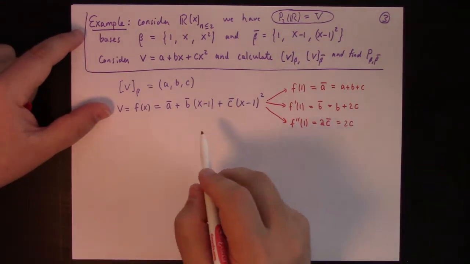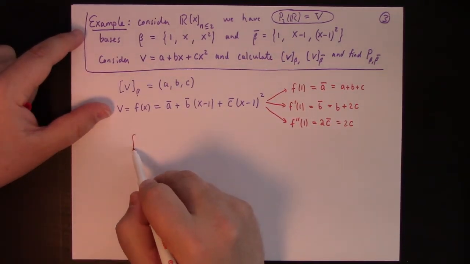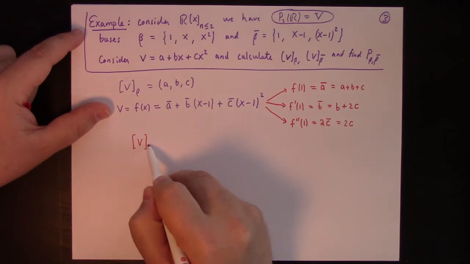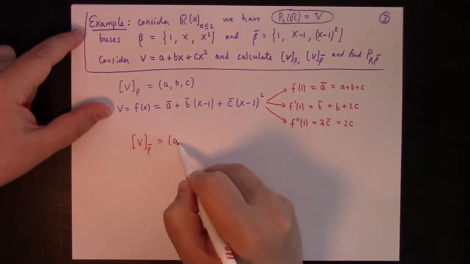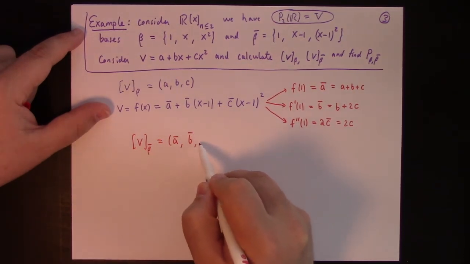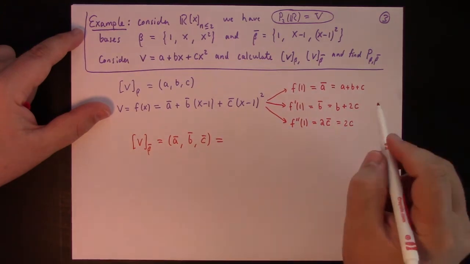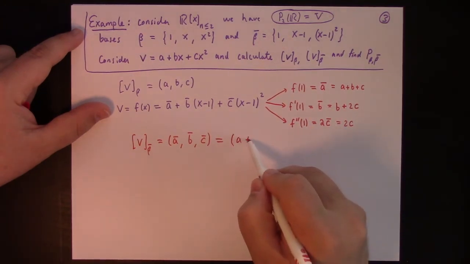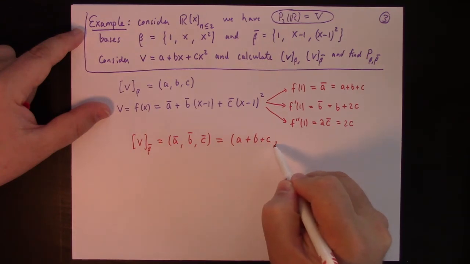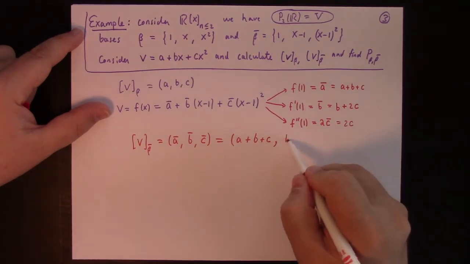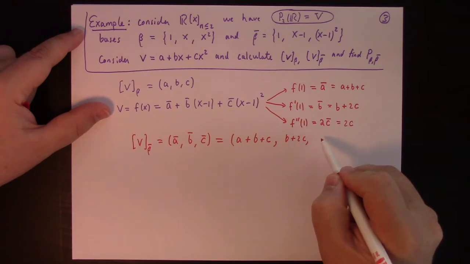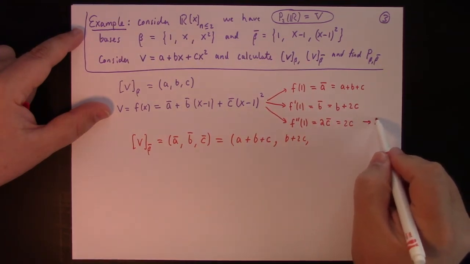In particular, we've just found that the coordinate vector of v with respect to the bar basis, which of course is (a bar, b bar, c bar), is equal to (a plus b plus c, b plus 2c, c), which gives me that c bar is equal to c.